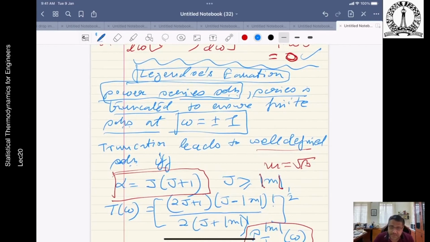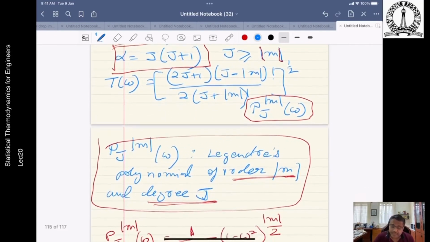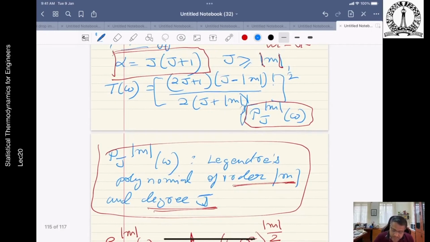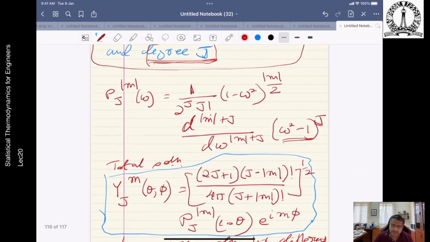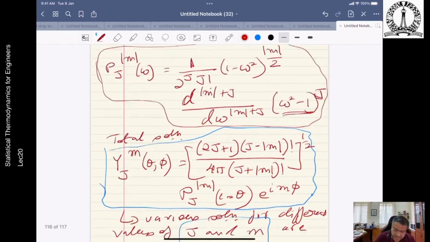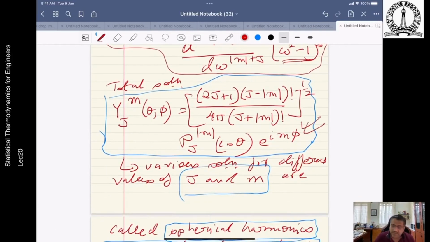The series is truncated to ensure finite solutions, and truncation leads to a well-defined solution if and only if alpha is like that. Then we wrote that this is cast in terms of the Legendre polynomial of order m and degree j to the modulus of m, because m can be plus or minus. And then the Legendre polynomial is written in this particular fashion. Then the total solution becomes this.